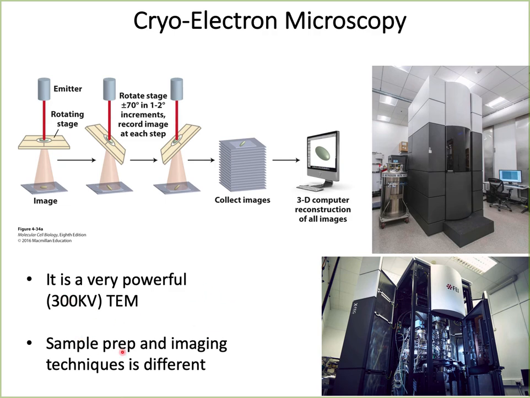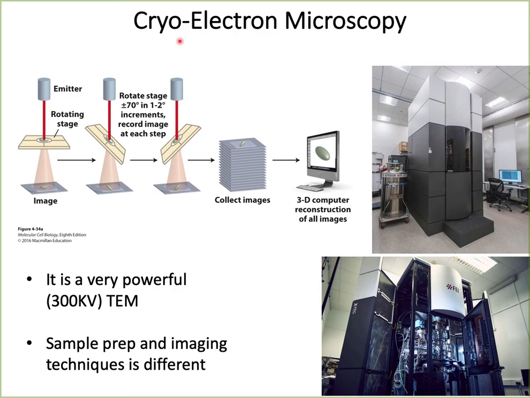And the sample prep and imaging technique is different. In this cryo-electron microscopy, why do we call it cryo? Because we take the sample just in water. We do not need to fix it, dehydrate it, or do anything.